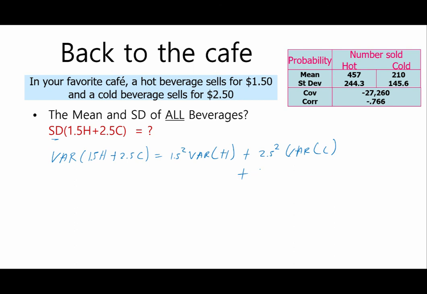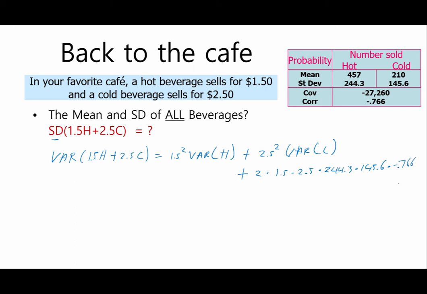That would be all if we were looking at two series that were independent. However, if they're not independent, then we have to add this extra component, which in our case would be 2 times 1.5, the price for a hot beverage, times 2.5, the price of a cold beverage, times the standard deviation for hot, which is 244.3, times the standard deviation for cold, which is 145.6, times the correlation between the two, which is minus 0.776.